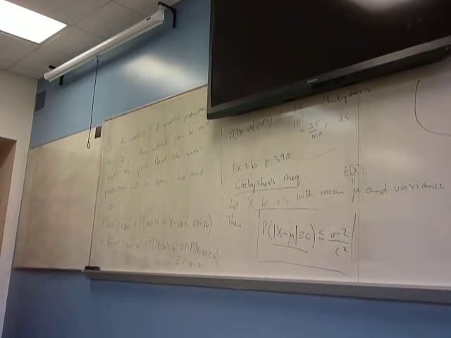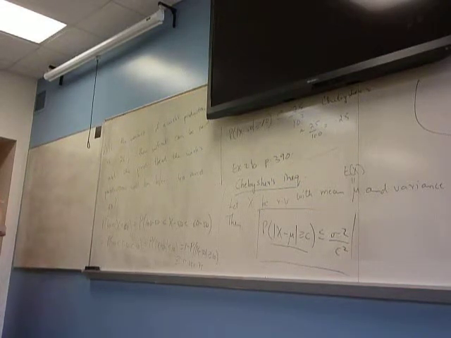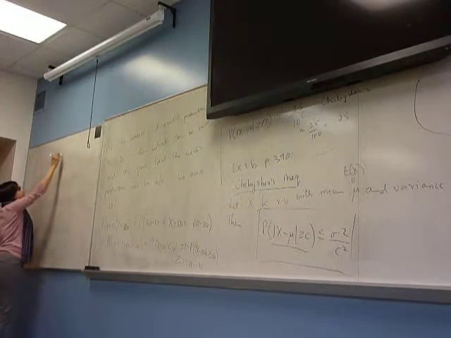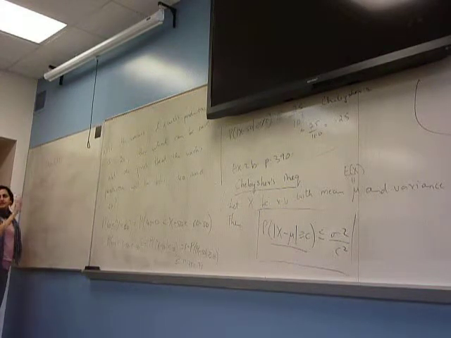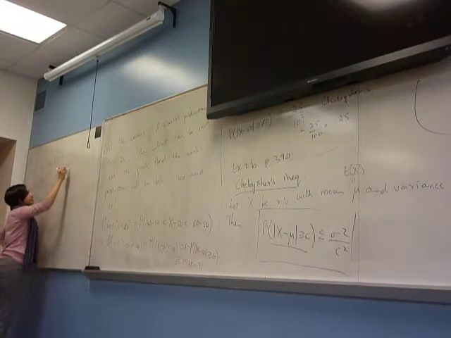Well, we can use Chebyshev's inequality to prove that. Let me write the statement as: if the variance of your random variable is 0, then with probability 1, x takes the value of its mean.